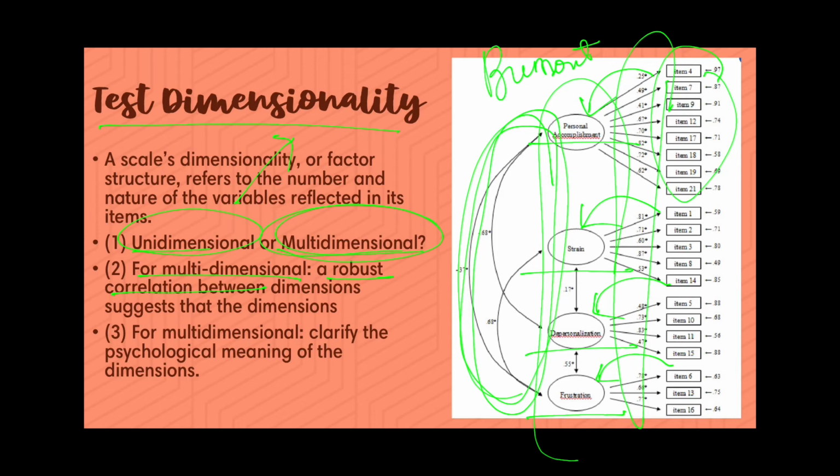And then you also have to clarify the psychological meaning or the social meaning of the dimensions. You have to operationalize them and really make sure that they are all related, but they are different. So personal accomplishment has something to do with strain, but they are not the same. But together, they define burnout. Right? So that's very important.